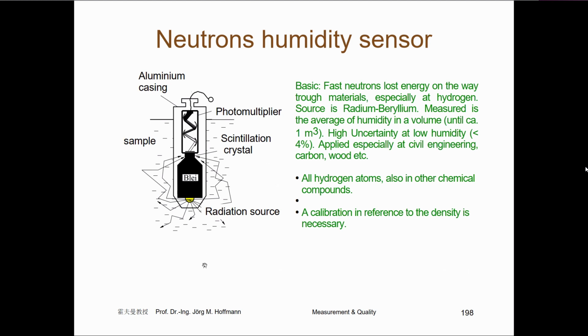This is to measure an average of the humidity in the ground. Roundabout 1 cubic meter you can measure, and when you measure at different points, you can check a wider area of the humidity. A few questions.